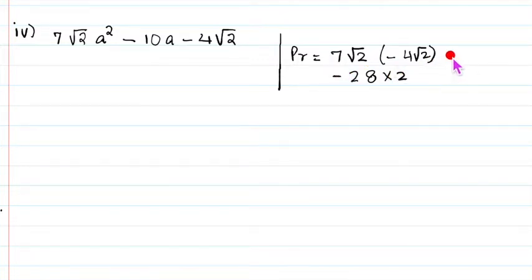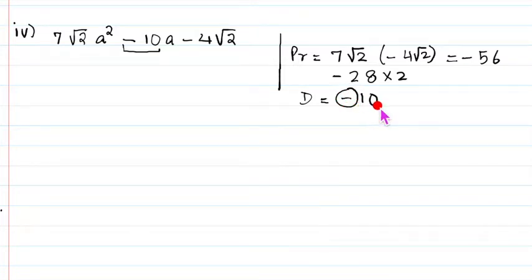So this whole thing is equal to minus 56. 28 into 2 is 56, correct? Now this one is the difference between the factors, that is minus 10.